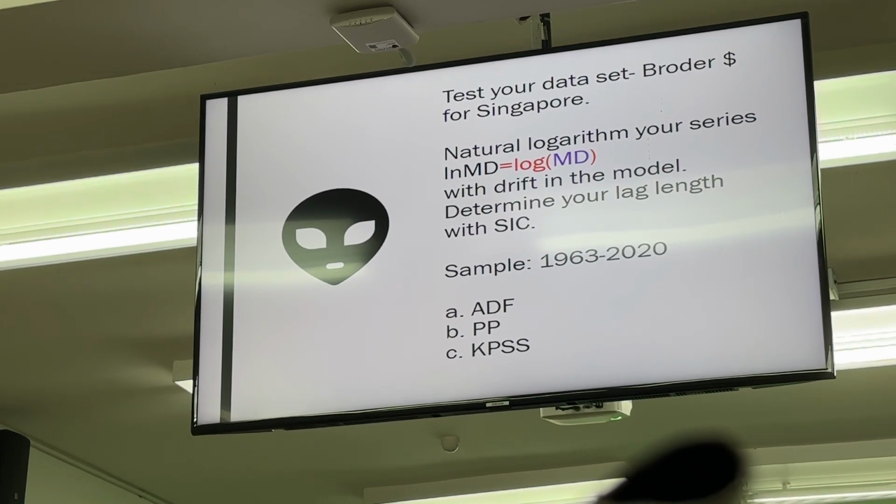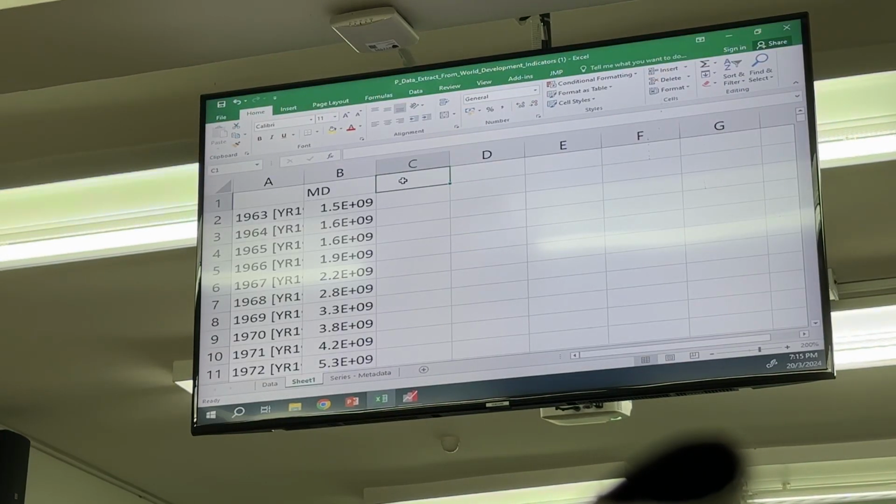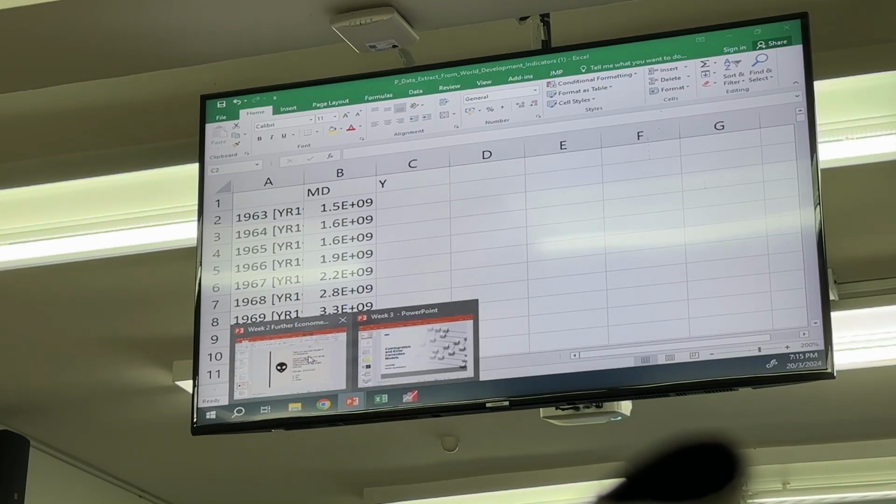Let's say you want to create an additional series, which logs the series for Y, for example. I put LNY equals log in the parentheses Y. If you have a Y series, then you just change the command here.